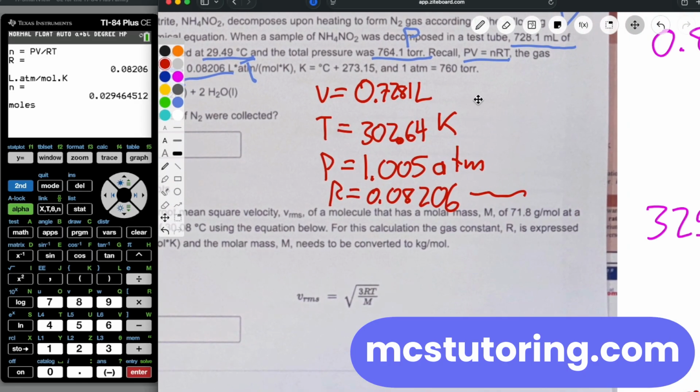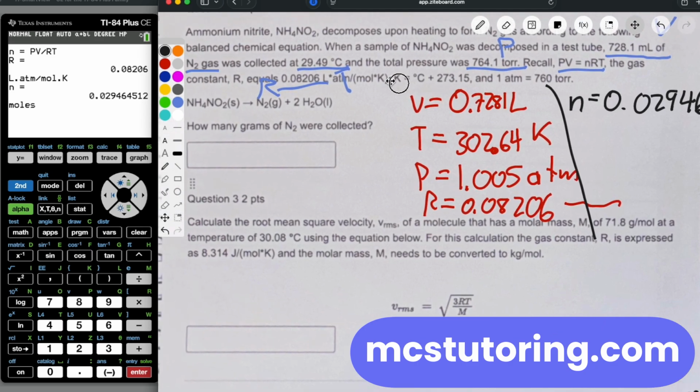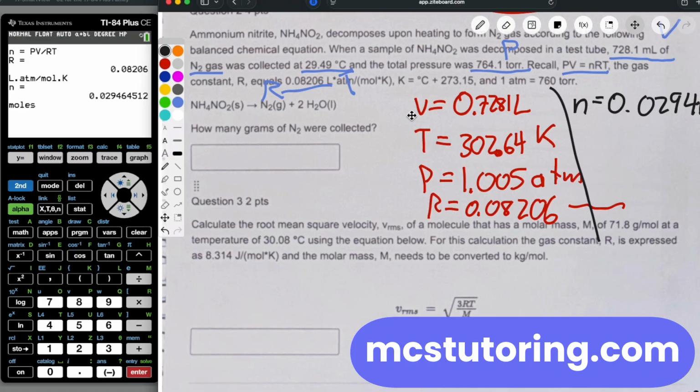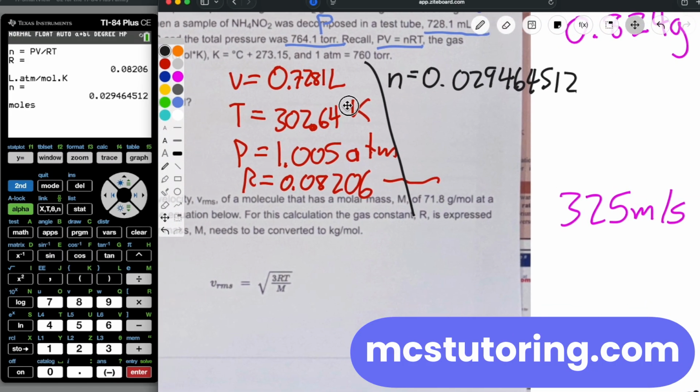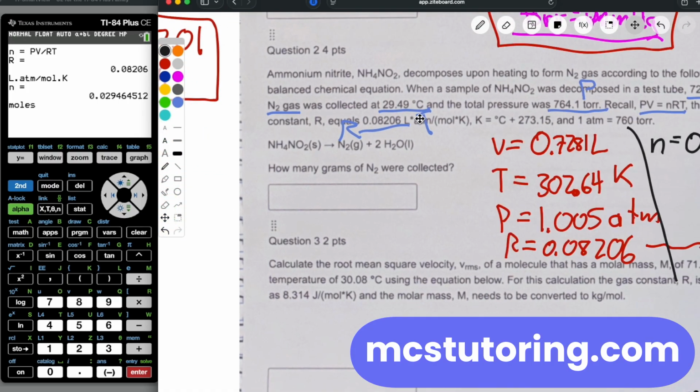So that's not even the answer we actually need in the end. But I've got the number of moles of nitrogen is 0.029464512. Okay. Now here's the trick. We want to know how many grams. So look, the molar mass of mercury, or molar mass of mercury, what am I doing?